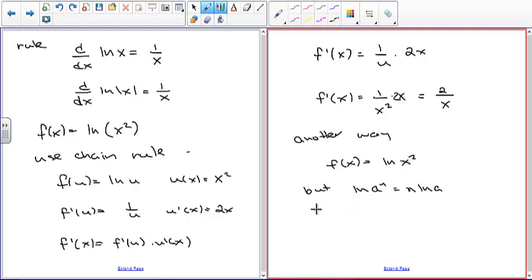So my original function I can rewrite as 2, the exponent, times the natural log of x. So instead of taking the derivative of the natural log of x squared, I can take the derivative of 2 times the natural log of x.